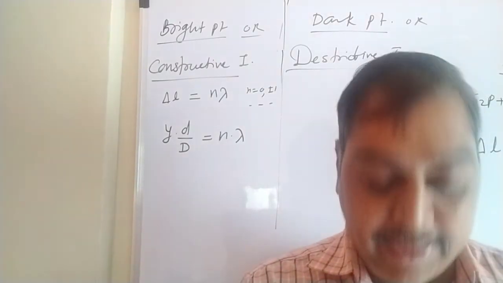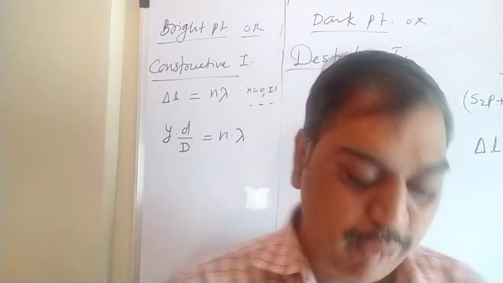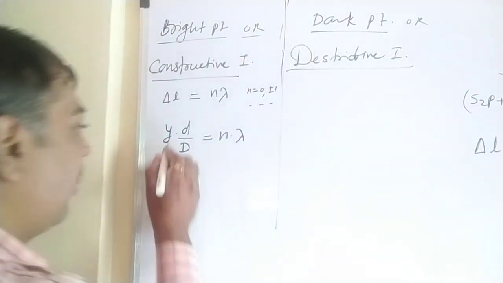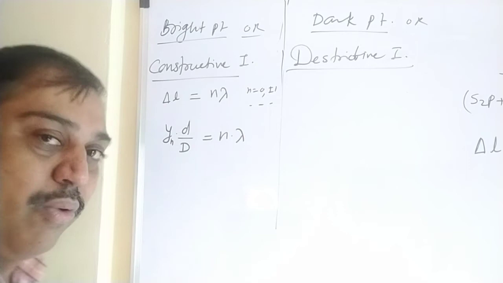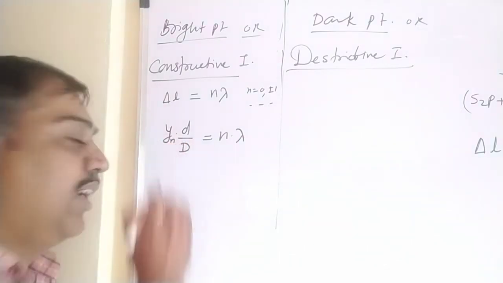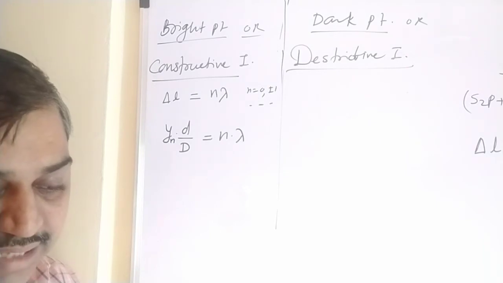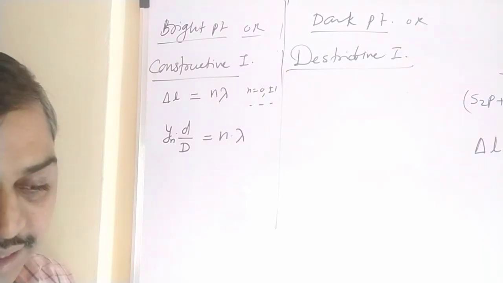Same equation they have taken in your book, 7.16, and that is for the nth bright point, so they have just put here y suffix n. That is the only difference, because n lambda we have taken in general, so you should take it as yn. So this is the condition for bright point, and when this gets satisfied, we get a bright point.